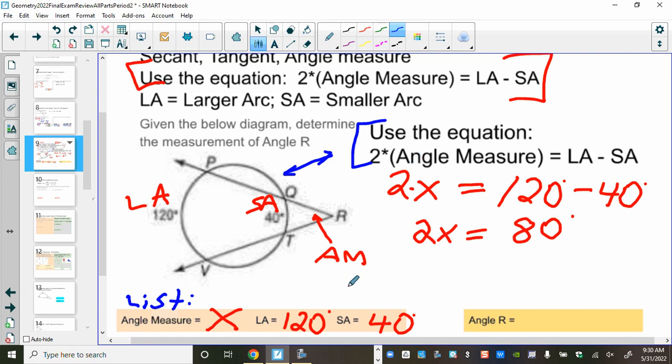Now, anybody find a value of x for this? I think somebody did. What'd you get for x? All right, Araceli says x is 40. Do we agree with her?